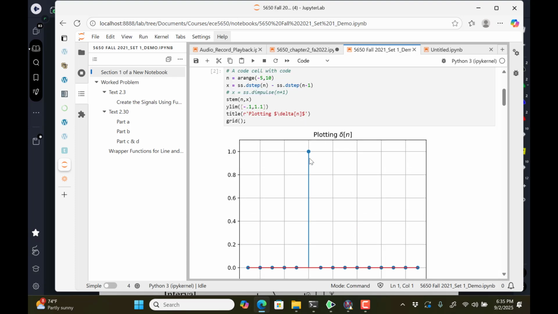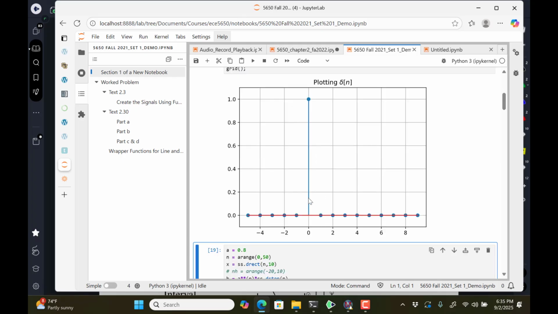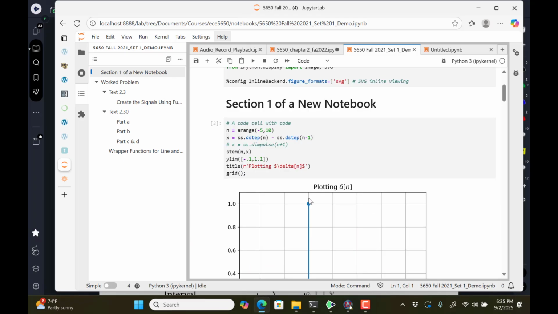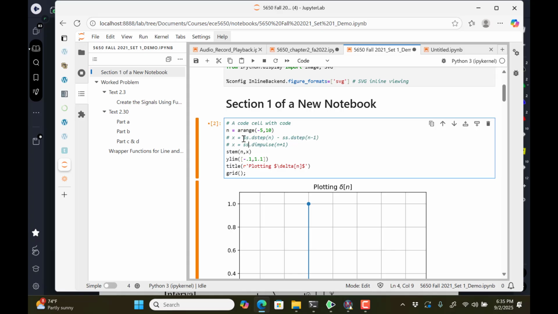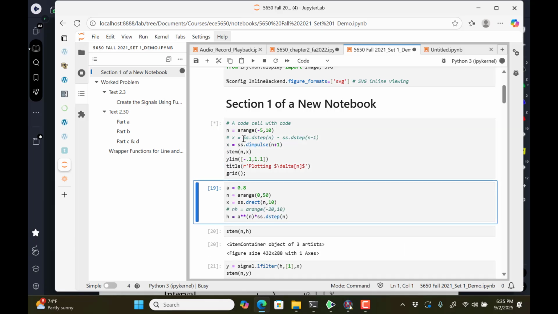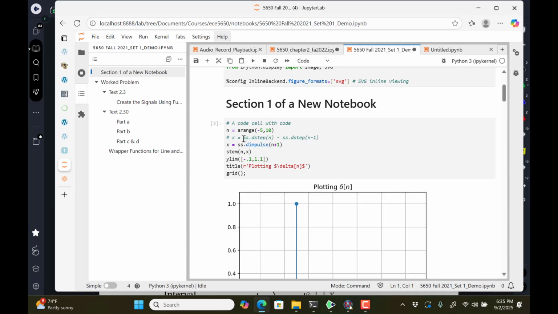So we see the difference, the first backwards difference produces what we were expecting to get. We get a delta. Whereas here I just used the D impulse, so if I want to just prove it's identical, I'll just comment that line out, uncomment that line, and run it again, and I get the same thing.